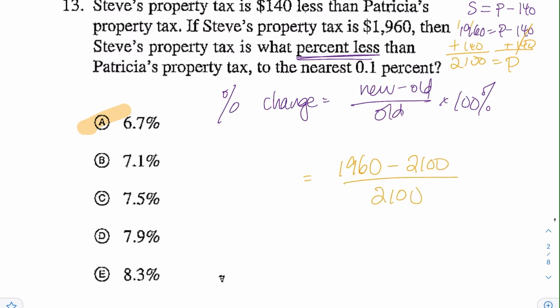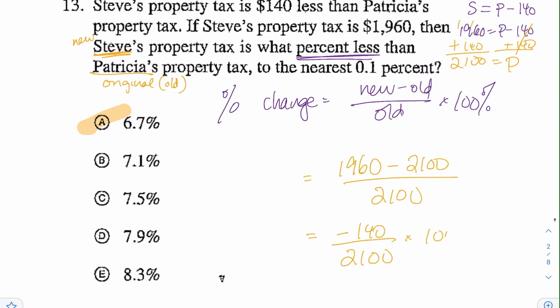Because again, the old is the original, which is Patricia's. And Steve is the new, which is the first part of this numerator. So 1960 minus 2100 will be negative 140, and you're dividing that by 2100.